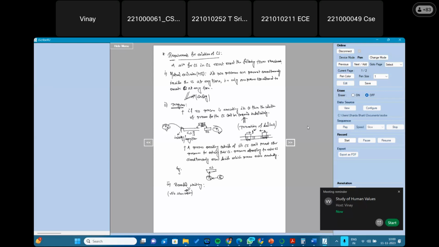What it says is, no process should have to wait forever to enter its critical section, right?